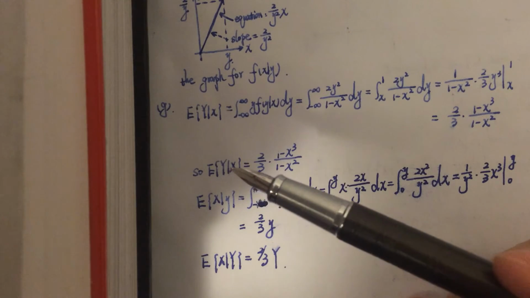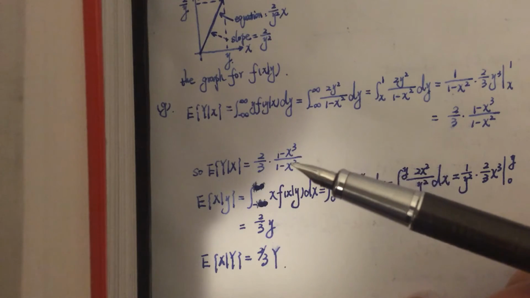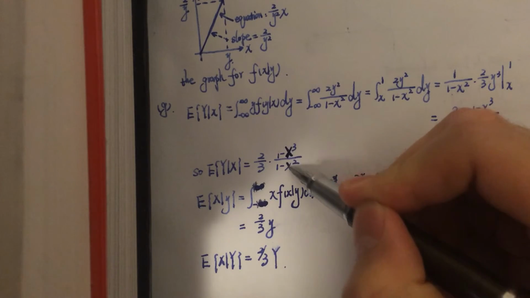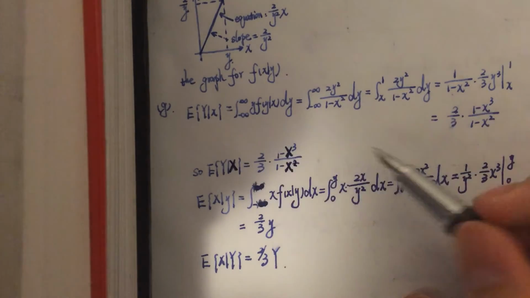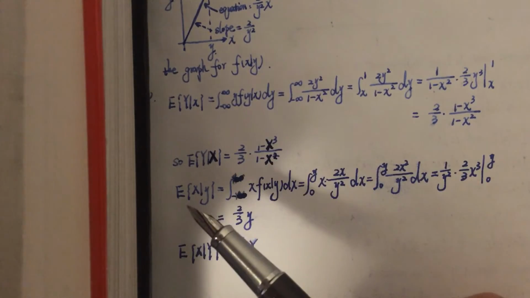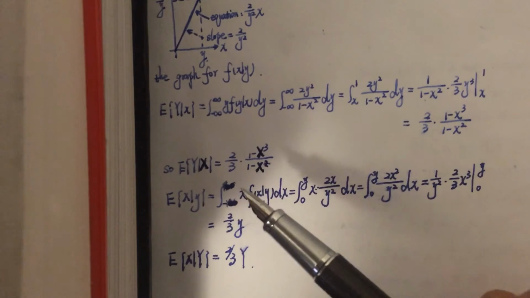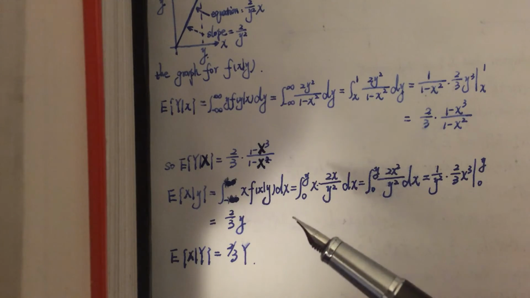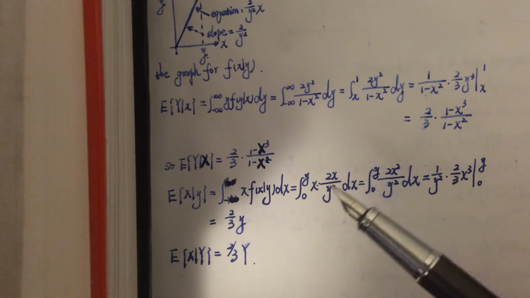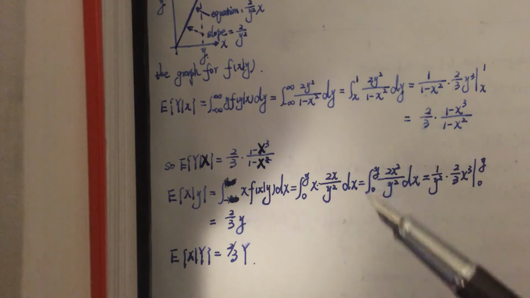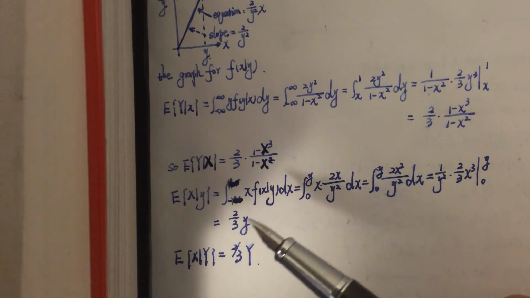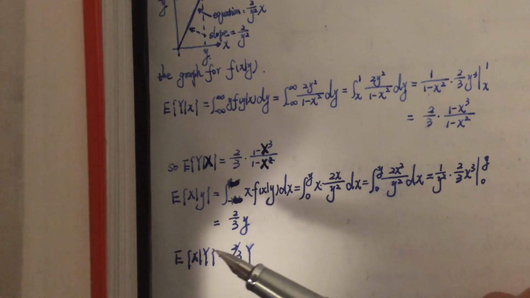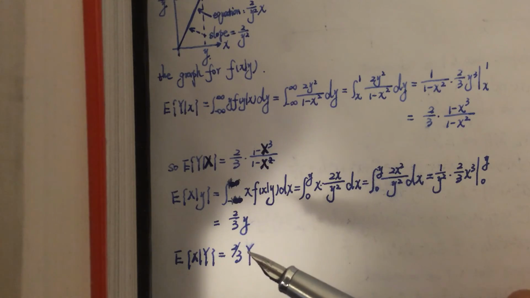So E of Y given capital X is this. And for E of X conditioned by y, according to the formula, the integration is from 0 to y of x times 2x over y squared, and after calculation we get 2 over 3 times y. So E of X given capital Y is just 2 over 3 times capital Y.